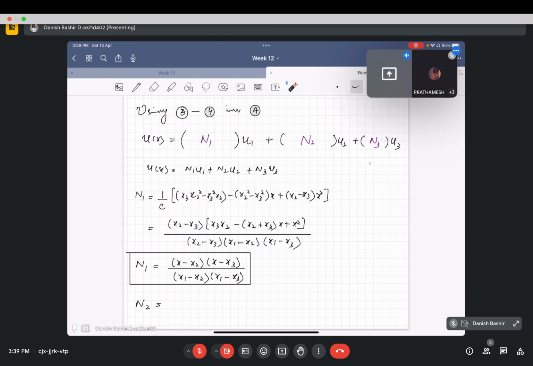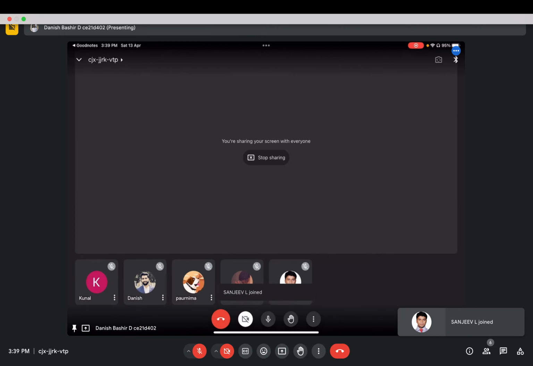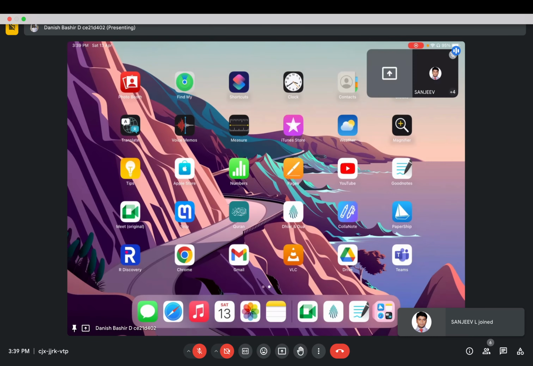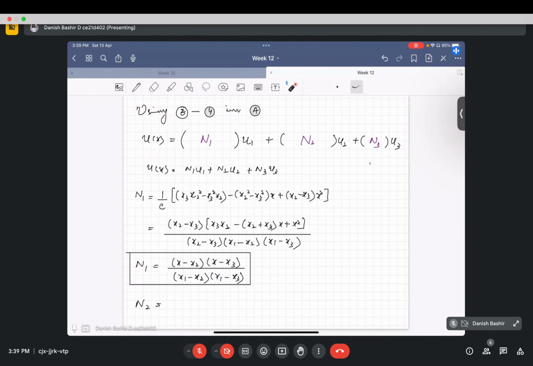Similarly, for N2 we can write easily: the numerator has x minus x1, x minus x3, because we don't have to write x2 in the numerator. And the denominator is x2 minus the other terms: x2 minus x1, x2 minus x3.